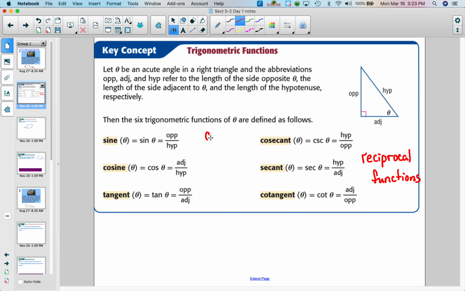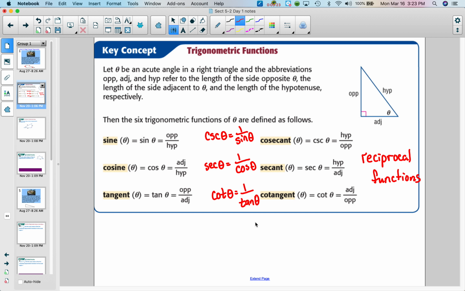We could say that cosecant theta equals 1 over sine theta, secant theta equals 1 over cosine theta, and cotangent theta equals 1 over tangent theta. So these are called reciprocal functions.